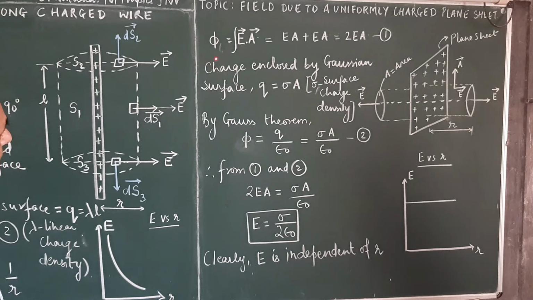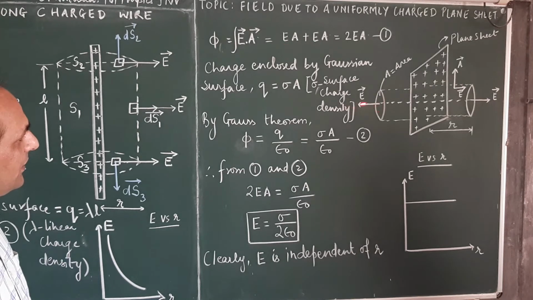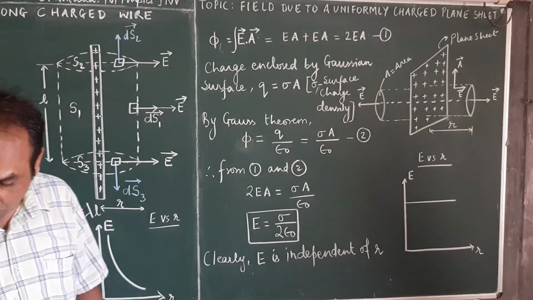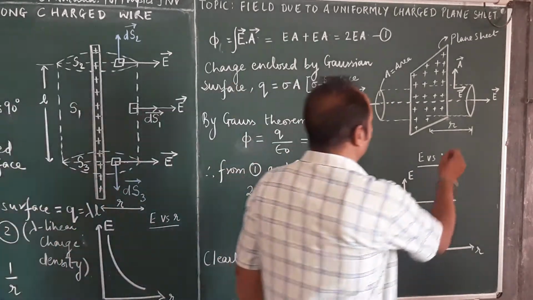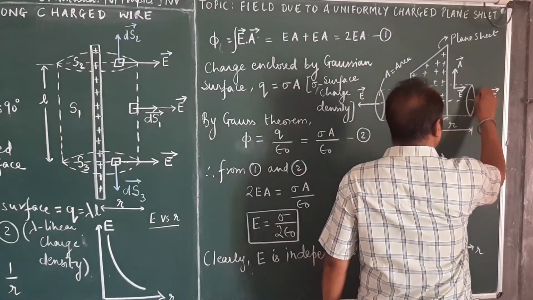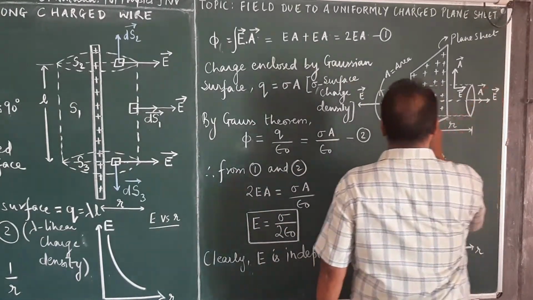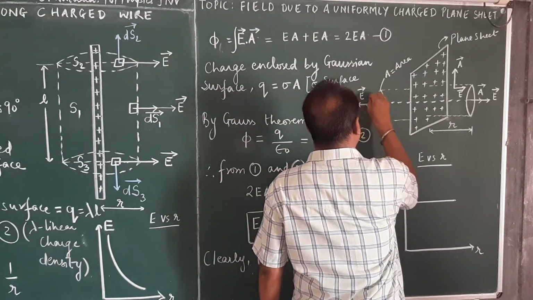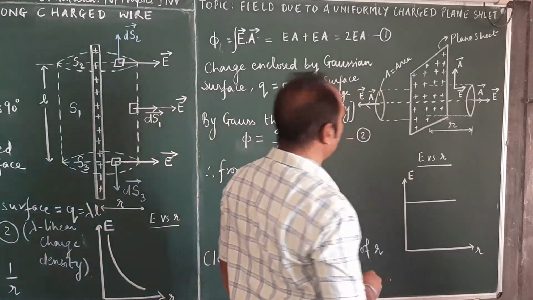Now the total flux, as per the definition of electric flux, is again E dot A. We would here also make an area vector, that is our A, which is normally outwards, and here also we have an area vector normally outwards.